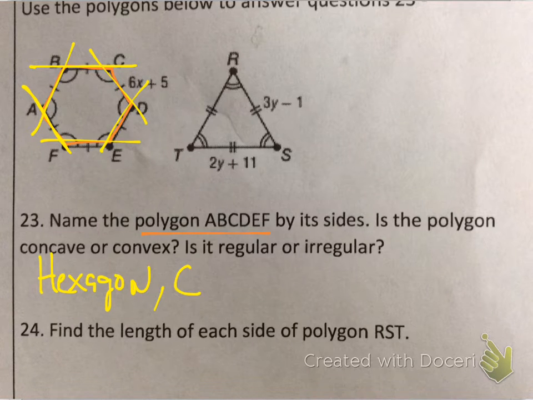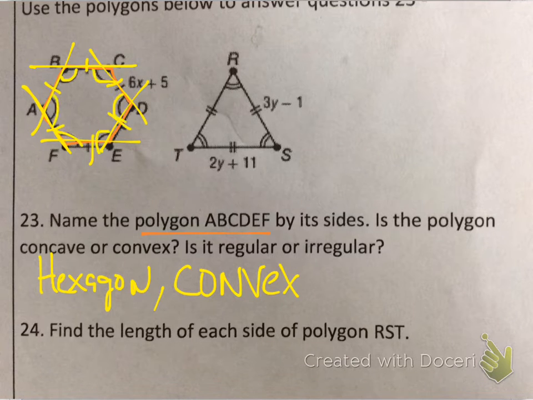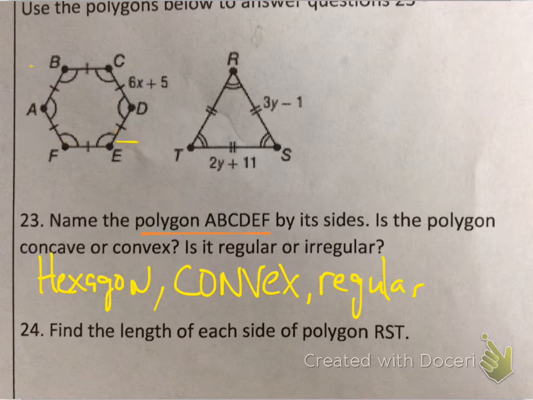Notice that all the lines, as I draw them around the edge and extend them, none of them end up inside the hexagon. So this is convex. Concave looks like the sides collapse in, or point in towards the figure. And it is regular because all the sides are equal and all the angles are equal. If any part is not equal, then that's irregular.